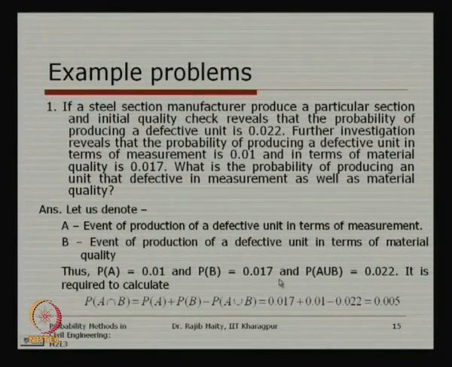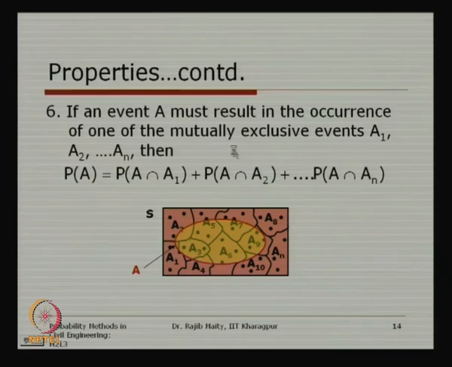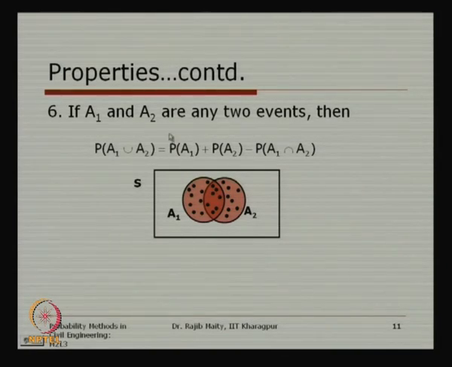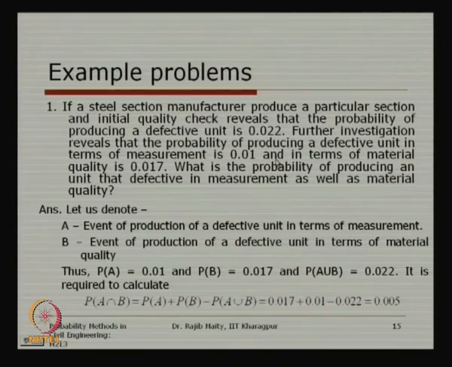This is a simple application of the property that we discussed, that if there are any two events, which does not mean that these two are mutually exclusive, then we can use this property to get that simple answer.